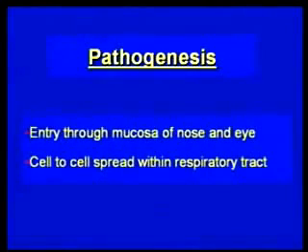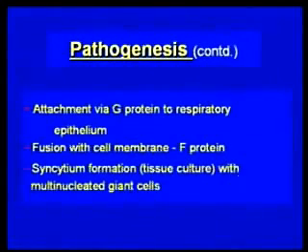The F protein is important for the fusion of the membrane, and actually that is the basis of the formation of syncytia. Again, it's a respiratory pathogen. It can enter through the eye mucosa because that is also a columnar respiratory epithelium. And then once it gets into the tract, it spreads cell to cell from upper tract to lower tract. The first step is the attachment of the virus to the epithelial cell, which is via the G protein.